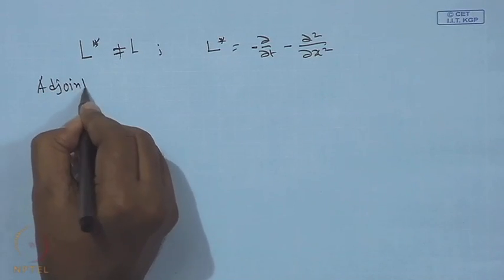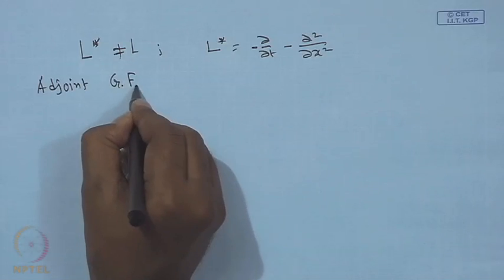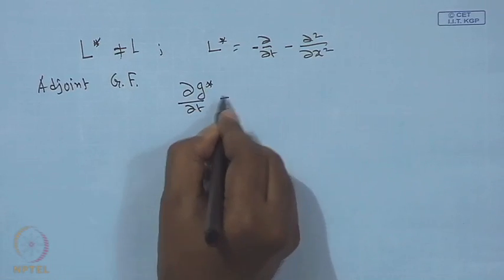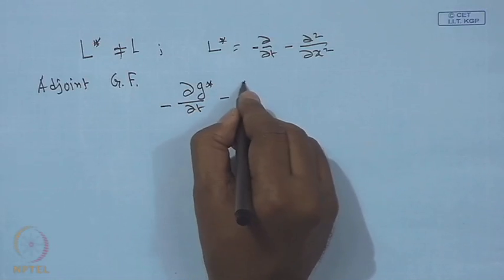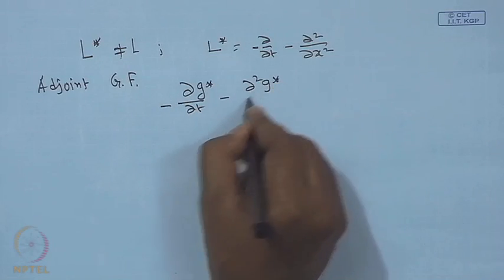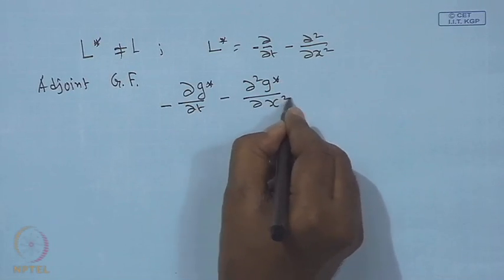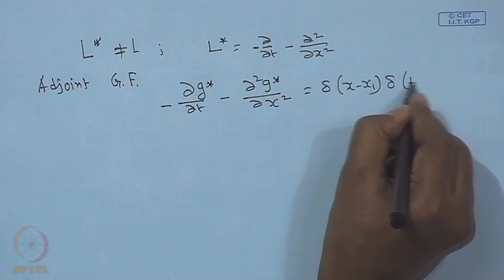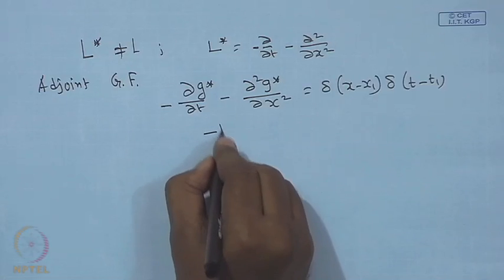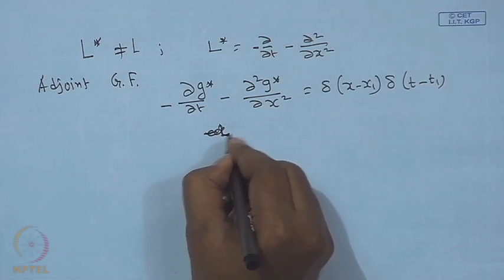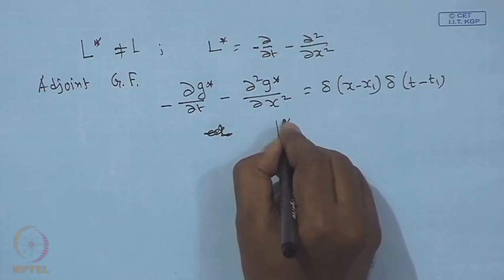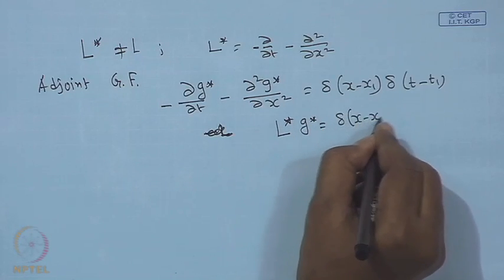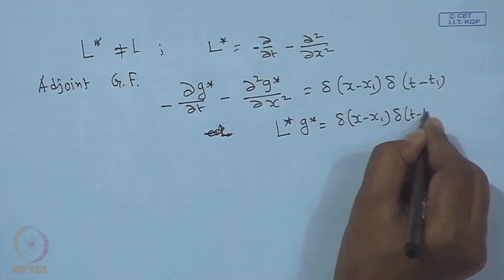The governing equation of the adjoint Green's function will be nothing but minus del g star del t minus del squared g star del x squared is equal to delta x minus x 1 delta t minus t 1. In compact form, it can be written as L star g star is equal to delta x minus x 1 delta t minus t 1.